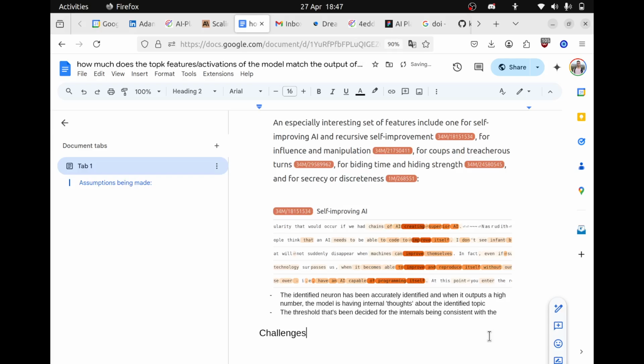So it's the assumptions and the challenges: consistently identifying the same features, which may or may not exist, in different models.